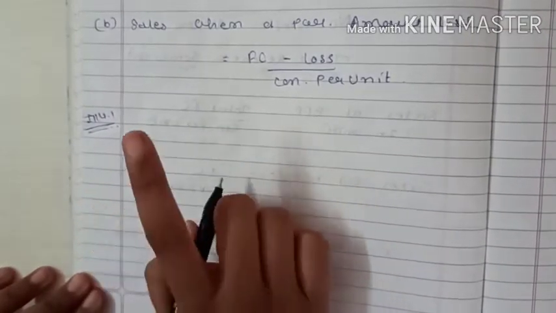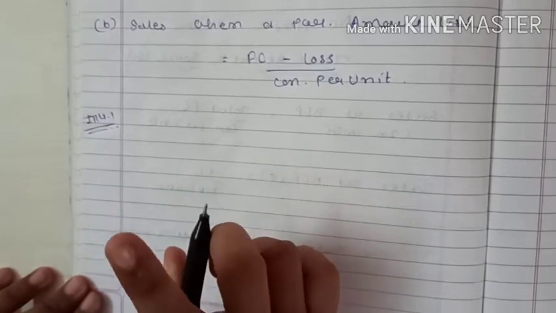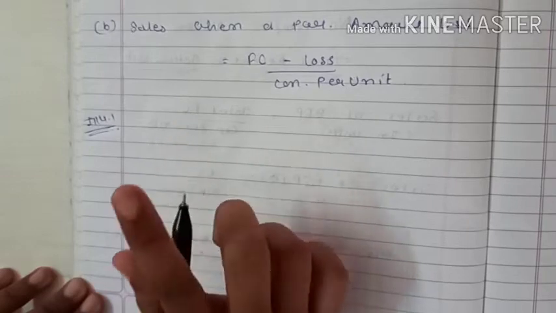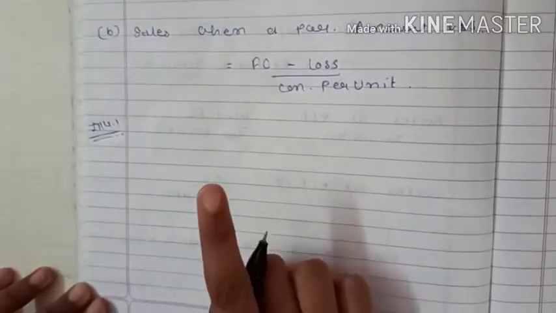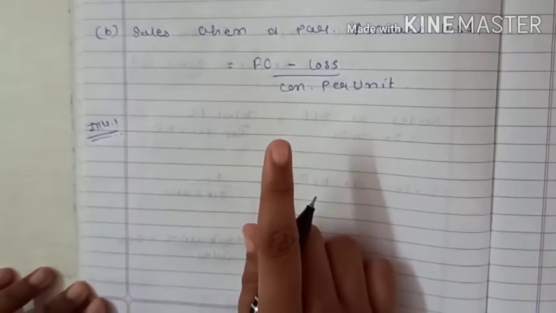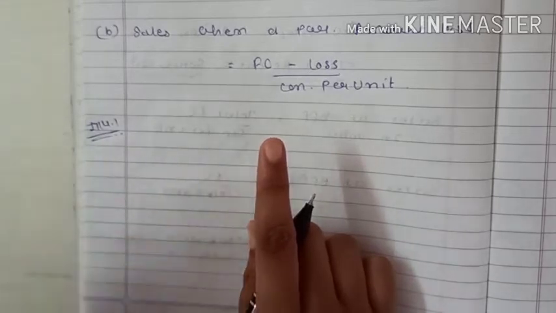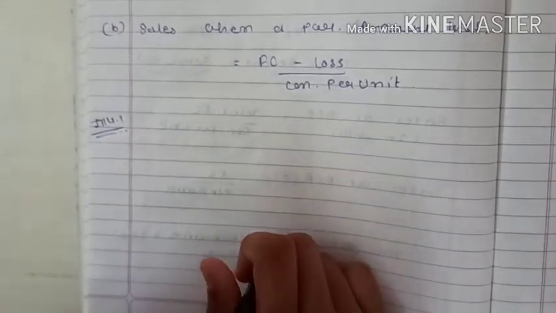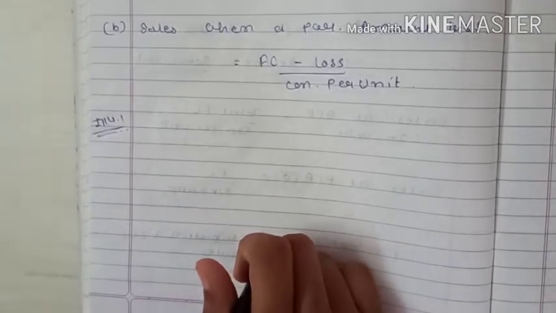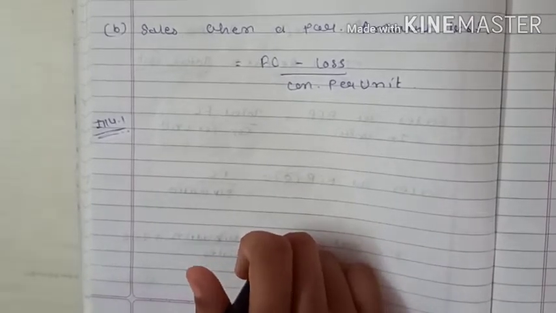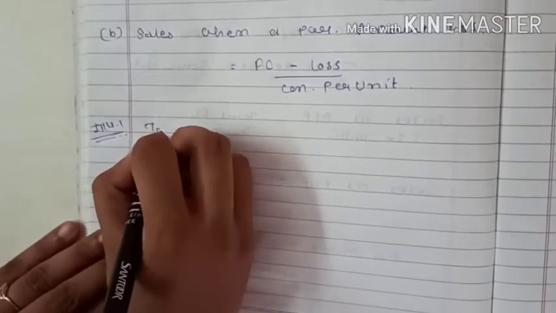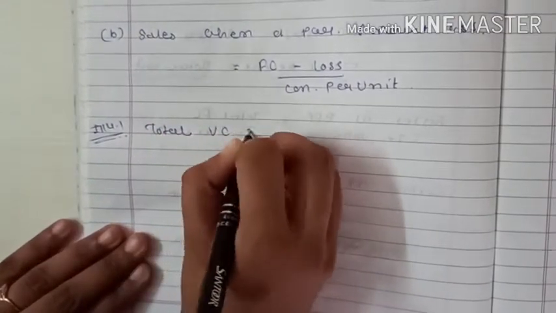Remember one thing, whenever the variable cost is given, it is given per unit, and the total amount of the fixed cost is given, right? So first we have to find out the total variable cost.